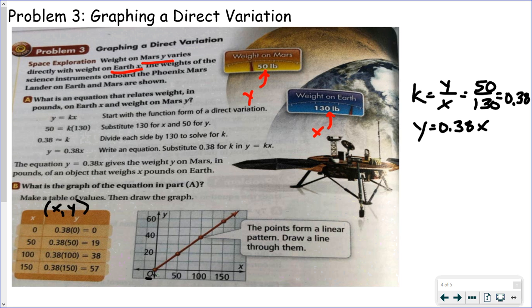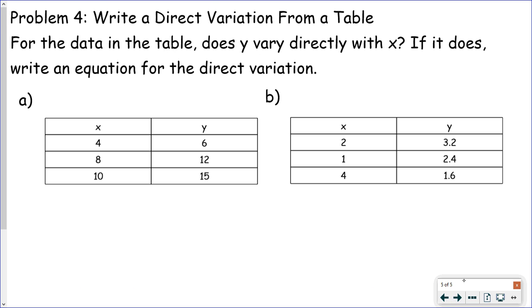That's something that's special to direct variations. So direct variations always pass through the origin 0, 0. Now, that point might not be on the graph. So let's say they didn't put 0 in the table. This point wouldn't be here, but if you drew a line through these points and continued it on, it would have hit 0, 0.